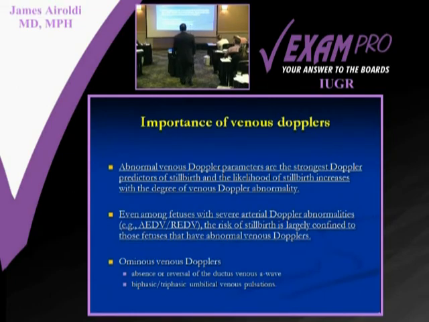The importance of venous Dopplers, as kind of my mantra here this morning, is that abnormal venous Dopplers are the strongest predictors of stillbirth, and the likelihood of stillbirth increases with the degree of venous Doppler abnormality. Ominous venous Dopplers include the absence or reversal of that A wave in the ductus venosus, which I showed you, or, and I didn't show you this, the umbilical vein, which is easy to do: put a Doppler gate across the umbilical vein and look for pulsations in that waveform.